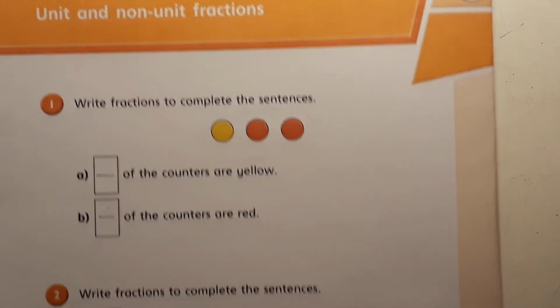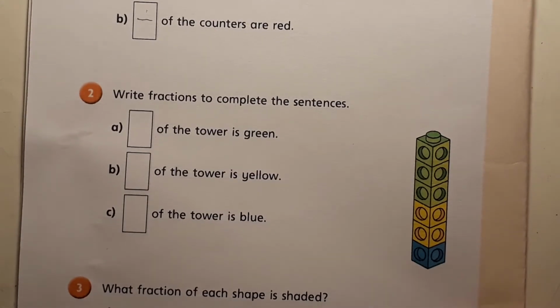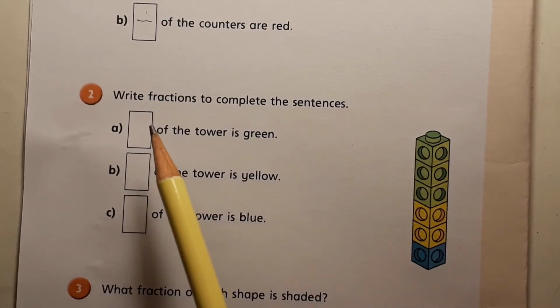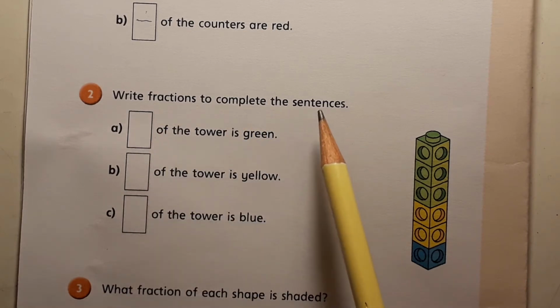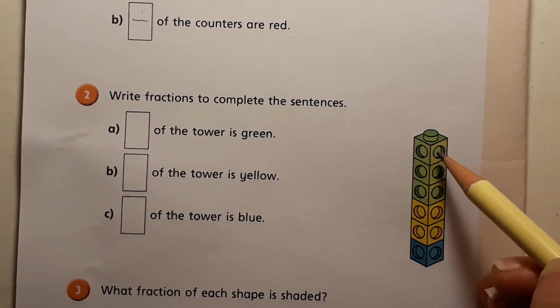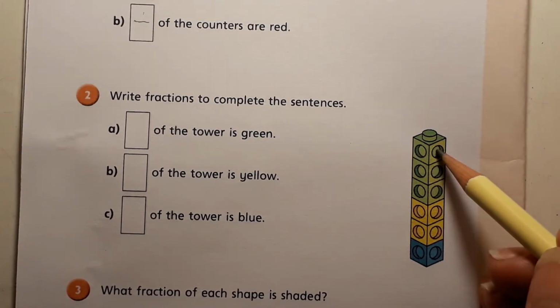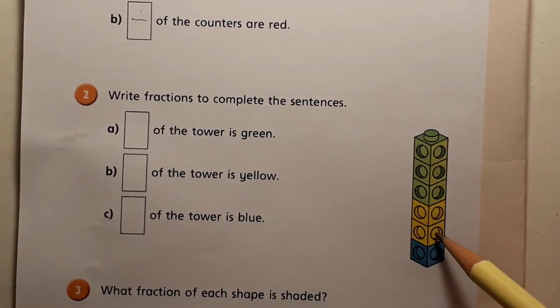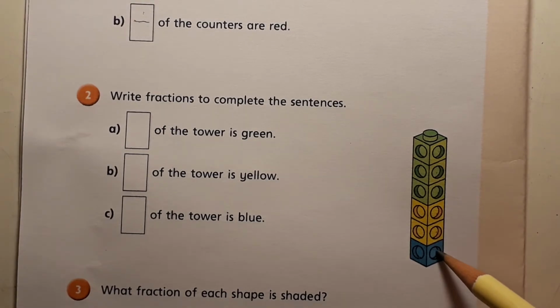Same thing here. Write fractions to complete the sentences, and here is our tower, and our whole tower is made of 1, 2, 3, 4, 5, 6.